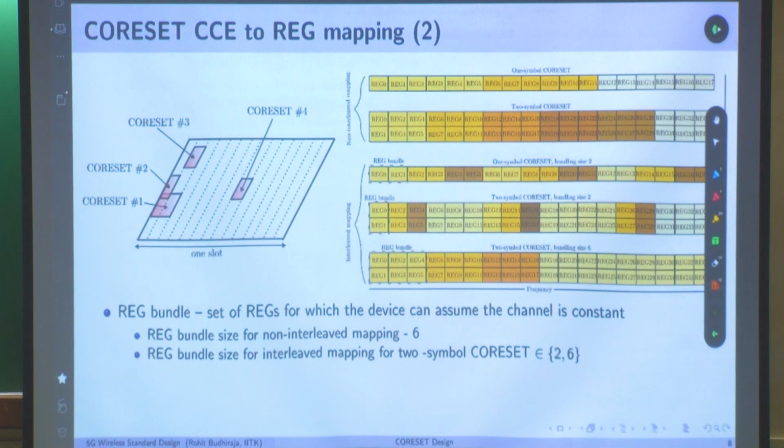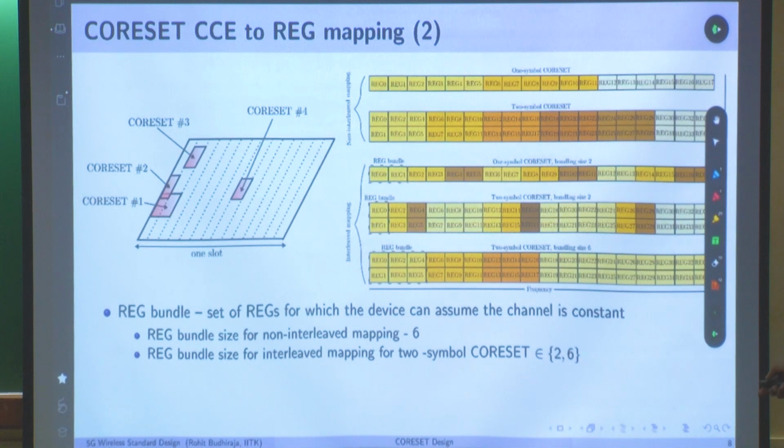If REG bundle consists of 6 REGs, okay, what do we essentially mean? If it is happening at aggregation level 1, there is no interleaving happening, right. If it is aggregation level 2, what will happen here? 1 REG bundle will come here, it will be interleaved and another one will come here, right, okay. Similarly here, one is coming here and one will come here, that is what we are saying.